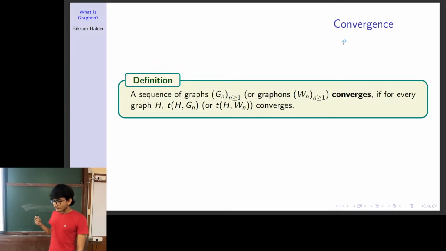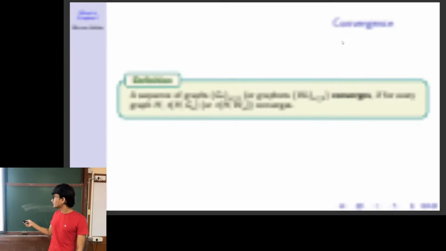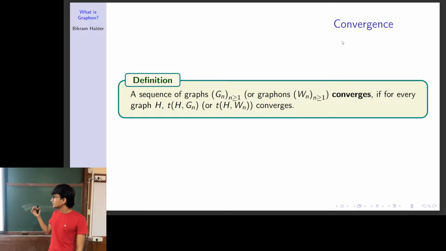Right. Now, we want to talk about convergence. We say that a sequence of graphs or graphons converges if for every graph H, the corresponding homomorphism densities converge.